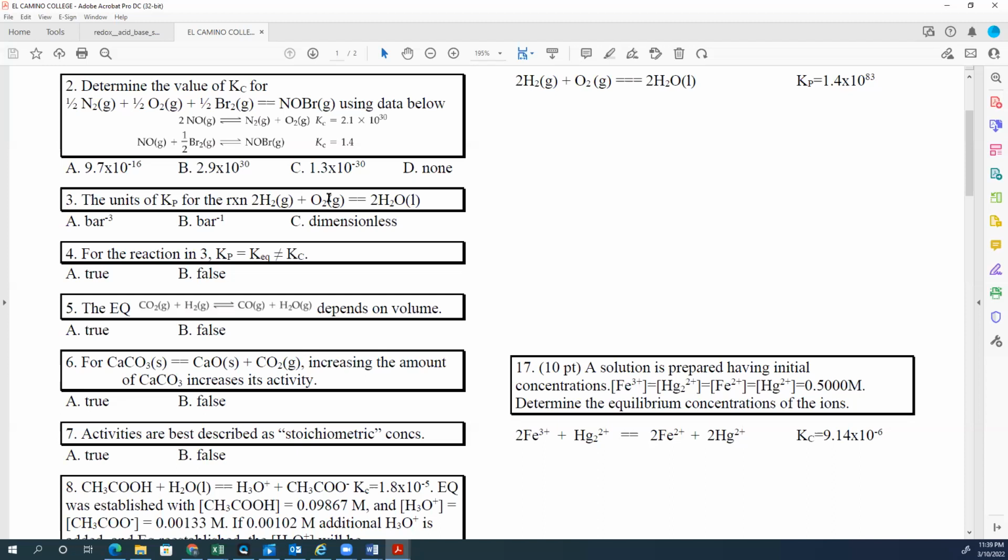So number 4 is actually true. KP and KEQ are the same because it's gas and this is liquid, there's no solution there. Which is not equal to KC because in order for KP to equal KC, delta N of gas must be 0, but here it's -3. We start off with 3 moles of gas and go to no moles of gas, because we end up with liquid here. And so the answer is true.